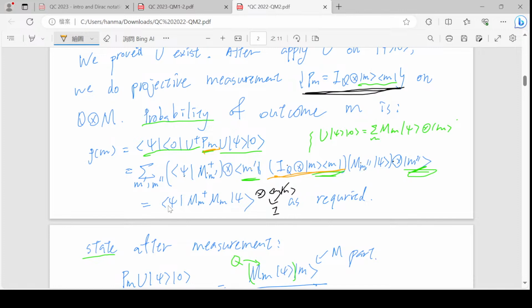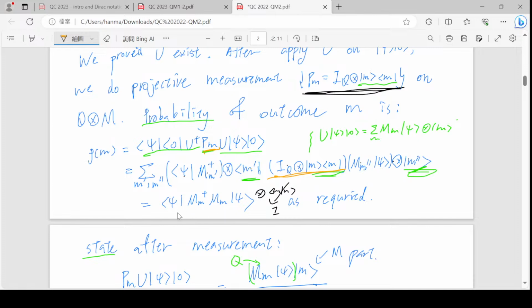And so you have psi M sub M dagger and big N sub small n psi here. And the second register you get 1. This is a number, so you don't care.